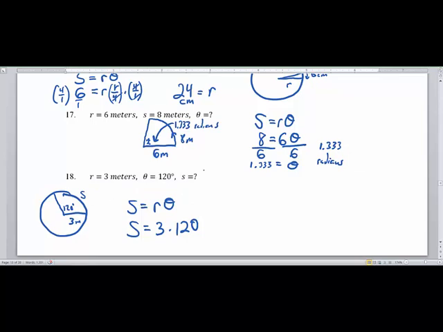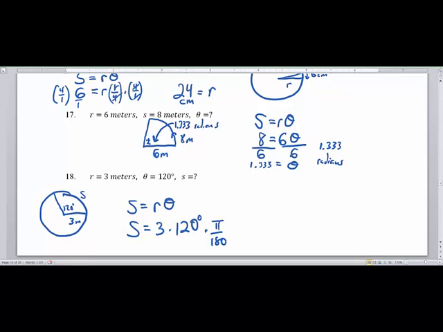So since this is in degrees, we got to do a little conversion. So take that 120 degrees and multiply it by pi over 180. Okay? And doing so, this is going to give you a cool answer here. I got to tell you.